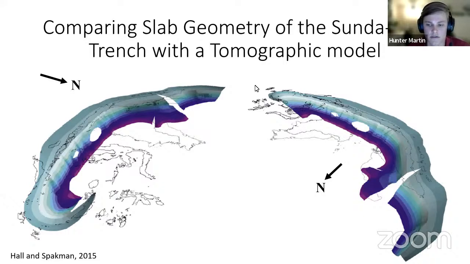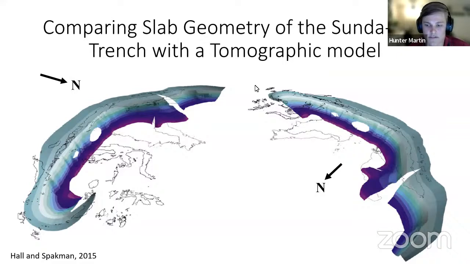The cause of this hole in the slab is debated, but they interpret the results to be associated with positively buoyant lithosphere that entered the trench and subducted to its current depth.